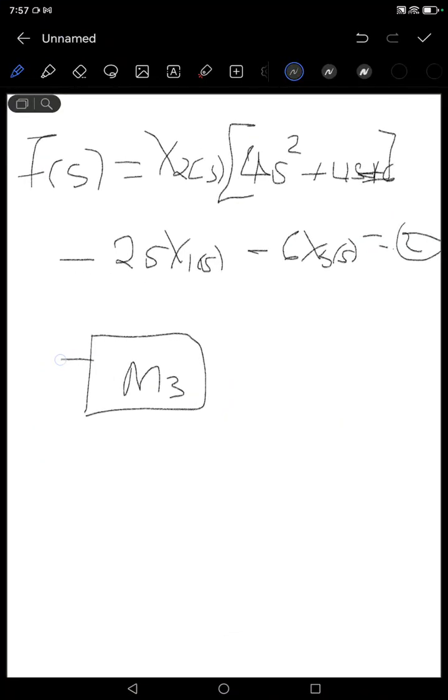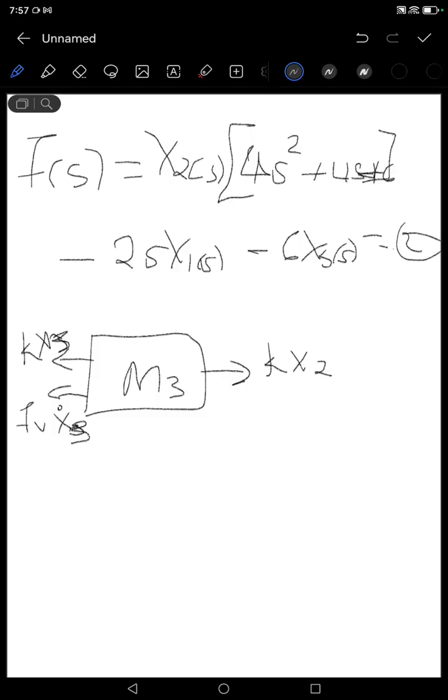Okay, so this is what we're going to have. So we're going to have the force of what? Of the spring going to the left, k x3, and then we're also going to have Fv x3 dot, and then on the right we're also going to have the k x2.